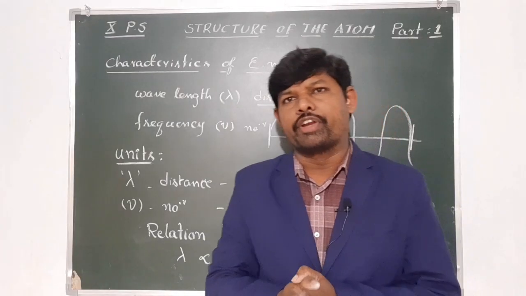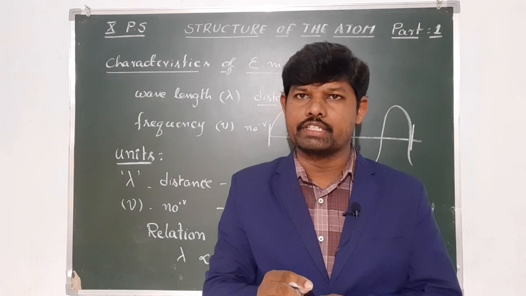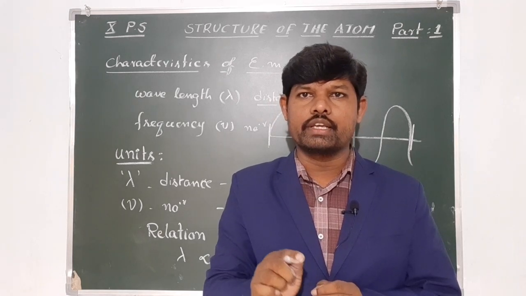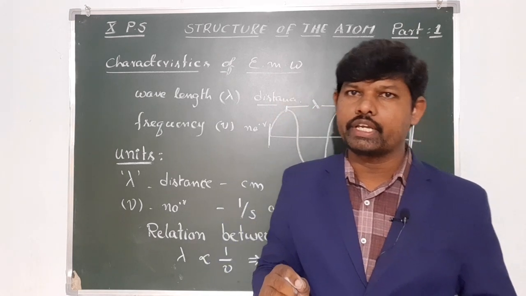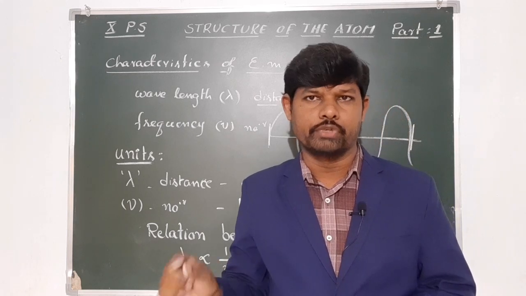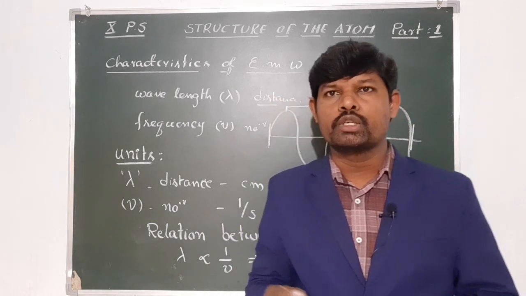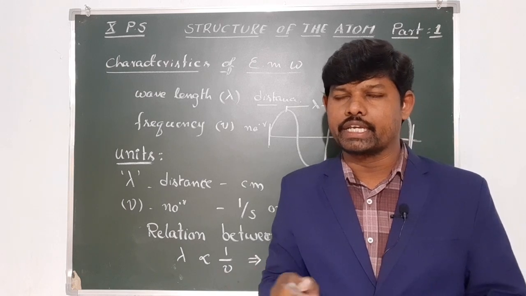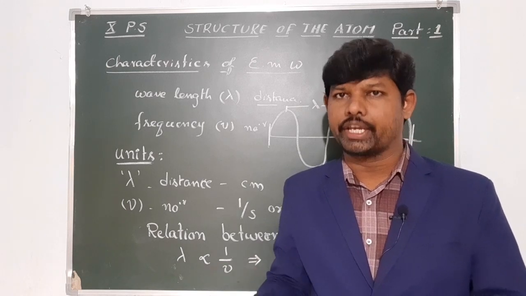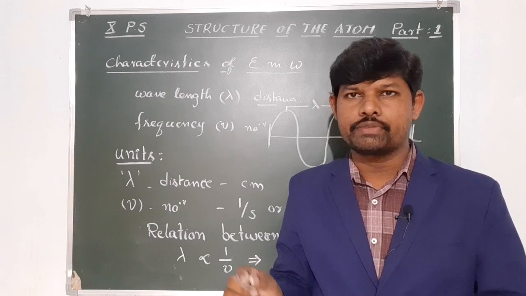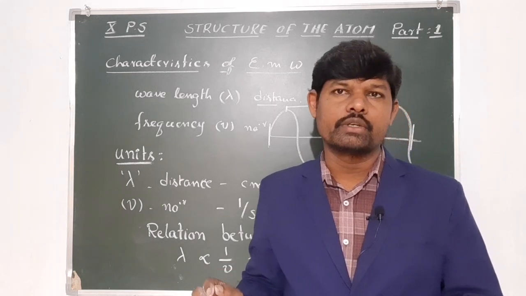The relation between wavelength and frequency is simply that lambda is inversely proportional to nu. Here lambda is wavelength and nu is frequency. So c is equal to nu lambda, where c is the speed of light in vacuum.